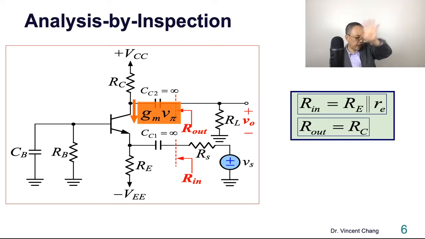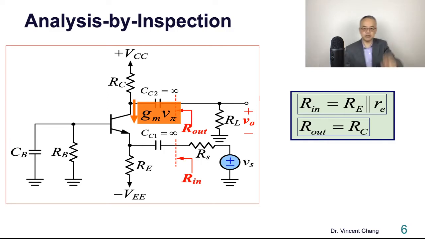So negative gm times, boom, the parallel combination of RC and RL, right? That's the first one. You just write down this: negative gm, RC parallel RL. There's a second component, V pi divided by what? Vs. So Vo over V pi times V pi over Vs; the product of these two factors is Vo over Vs.